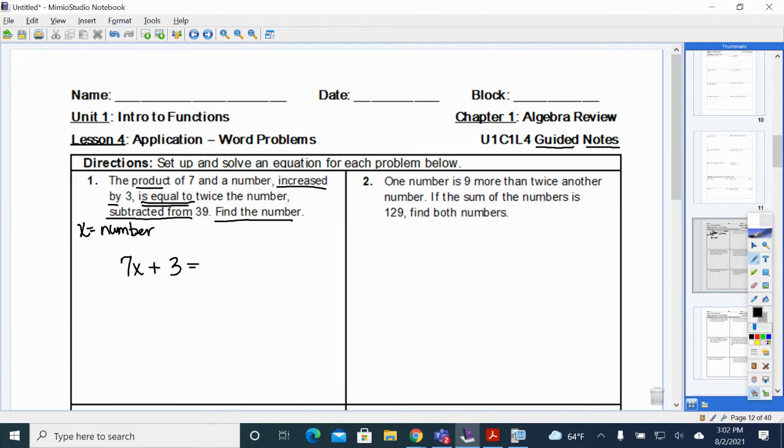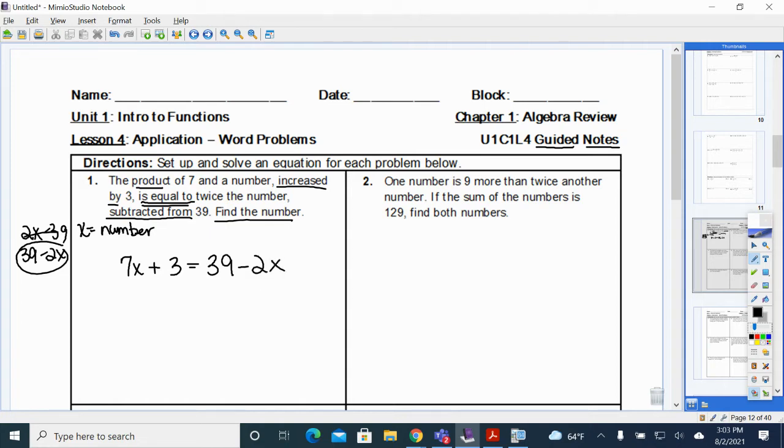So subtraction order matters. With subtraction, order matters. Because this says twice the number subtracted from 39, you have to ask yourself, is that 2x minus 39, or is that 39 minus 2x? And since twice the number is being subtracted from 39, it means it's 39 minus 2x.